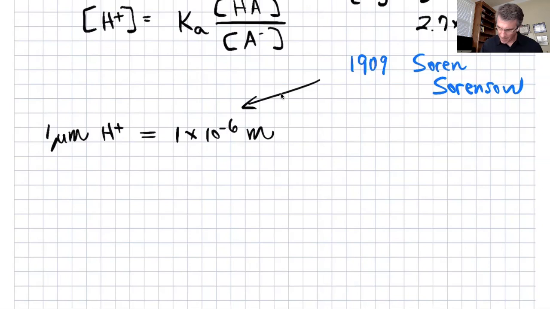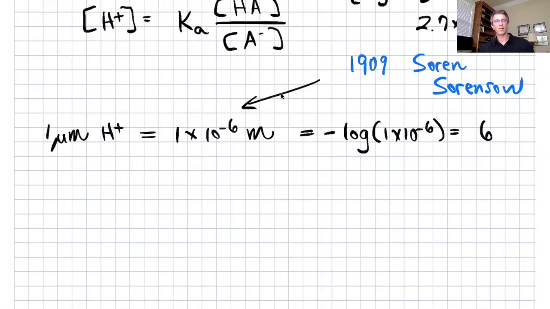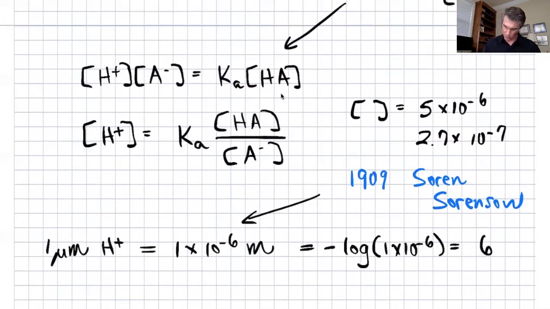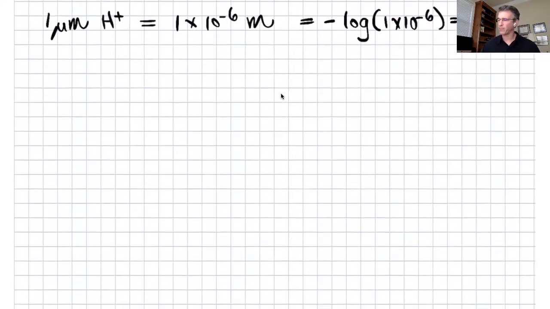The magnitude of that concentration, if you take the minus log of it, you just get a number, right? Which is just 6, right? Now that's real convenient, because that means minus log of a 1 micromolar concentration would give you a number of 6.